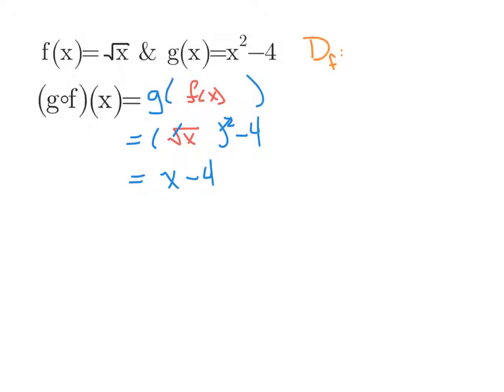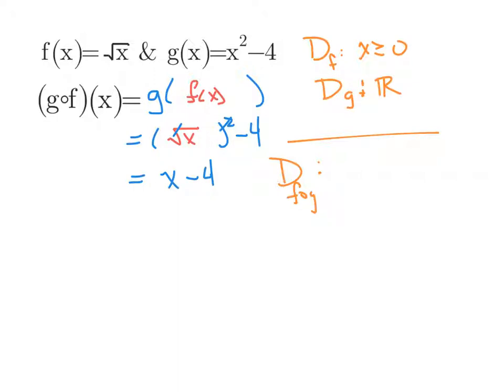Now we know that f of x being the square root of x, that means that x has to be greater than or equal to 0. But for g of x, it can be all real numbers. So our domain is already limited when we're talking about the domain of g of f, the composition, the entire system of function machines.